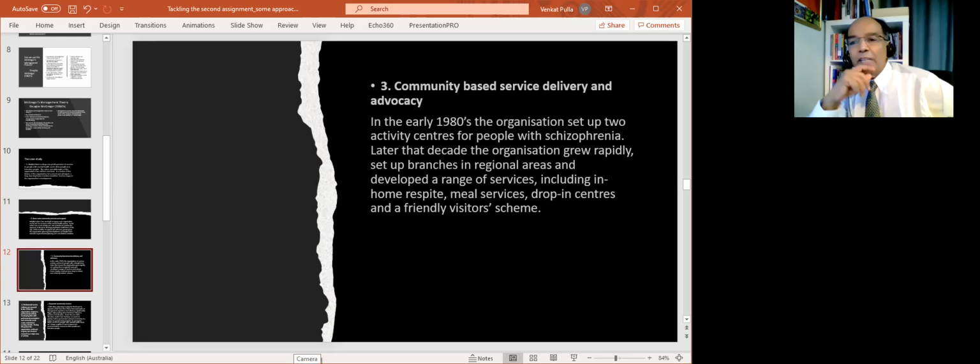Right. Community-based service delivery and advocacy. In the early 1980s, the organization set up two activity centers for people. And then, after a decade, the organization grew rapidly, set up branches in the regional areas, and developed a range of services, including home, respite, meal services, drop-in. So it's all expanding. Think of the breadth of services that have come about.